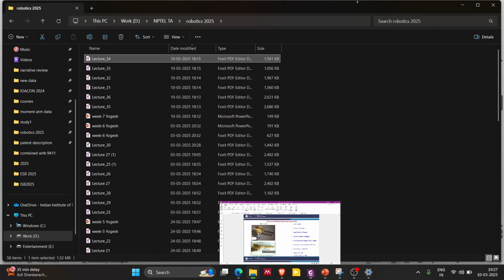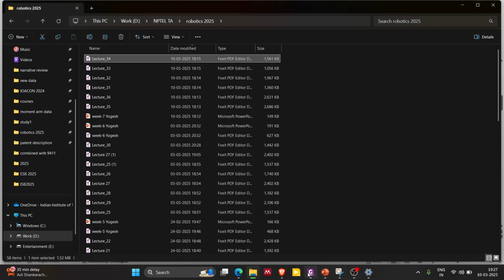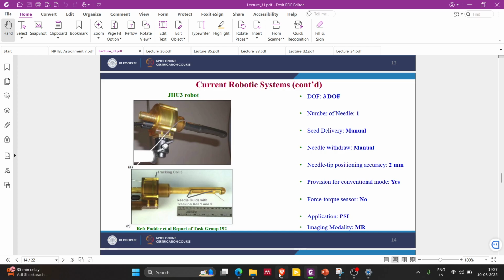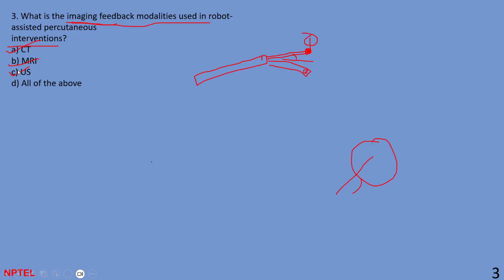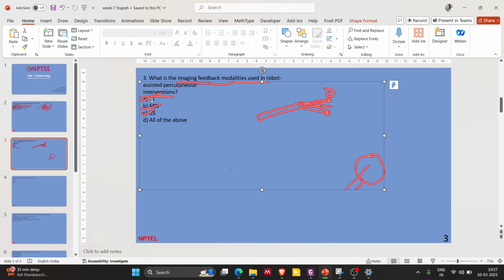But if you want real time, because MRI and CT scan take time, ultrasound you can take in real time.